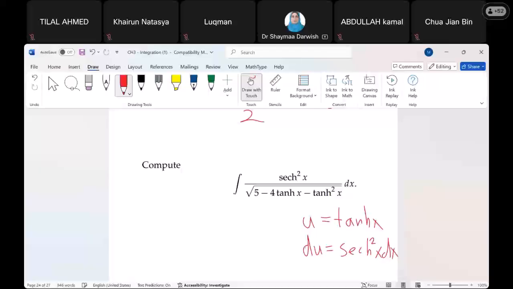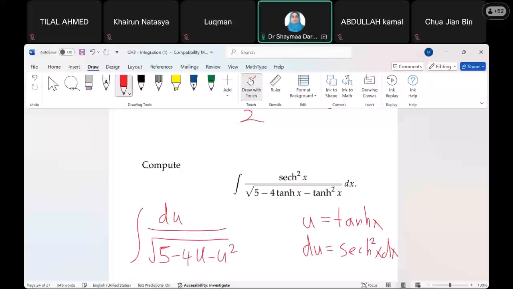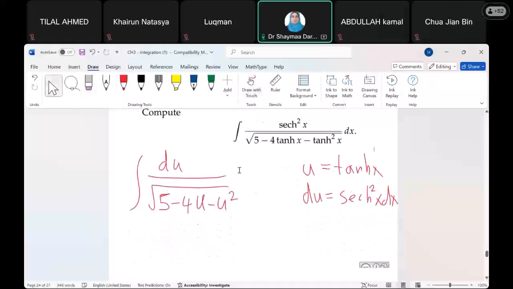So this is the integration of du over square root of 5 minus 4u minus u square. Sec square dx is replaced by du. Then du over square root of 5 minus 4u minus u square.